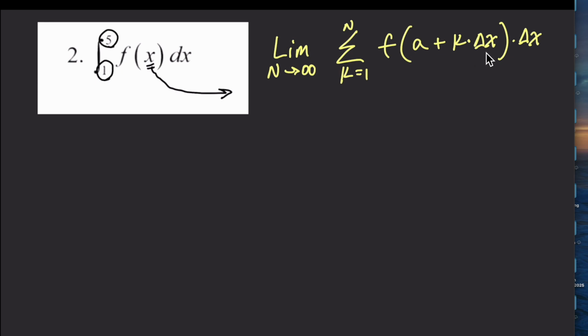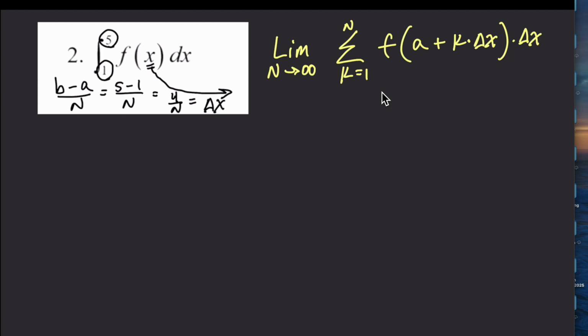We're going to use that to find delta x. So here we go. We have b minus a over n is going to equal 5 minus 1 over n, and that's going to be 4 over n. That is our delta x.